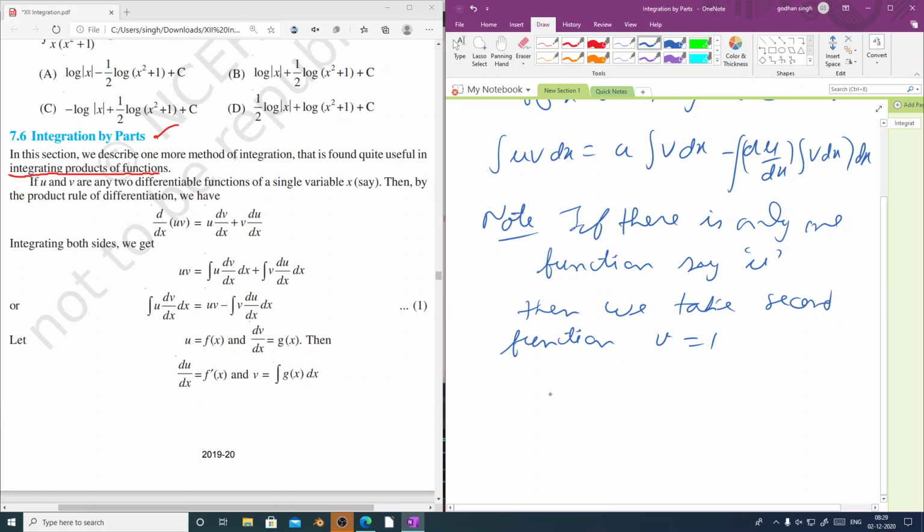And one important rule we have to remember is the rule of ILATE, I-L-A-T-E. So, first of all, let us write what is the full form of ILATE.